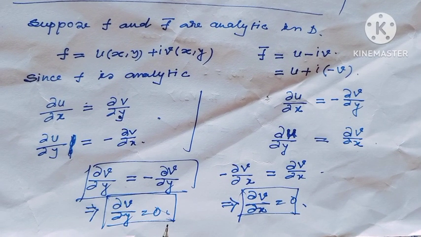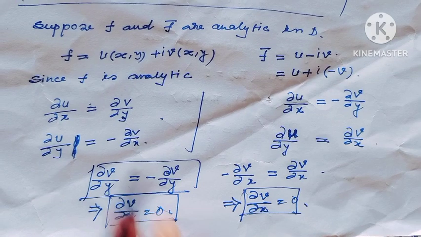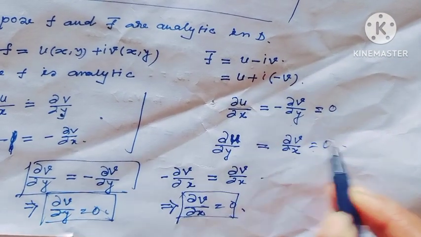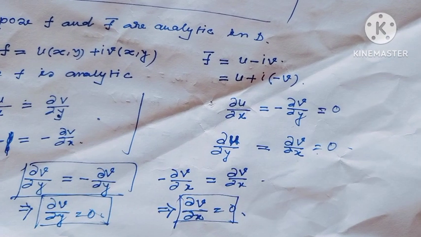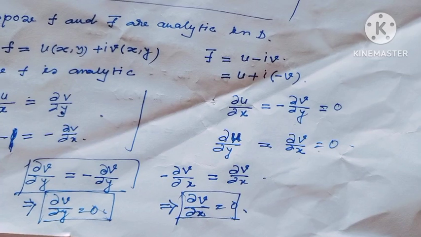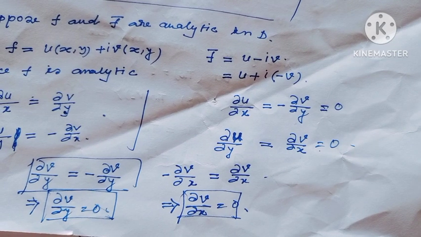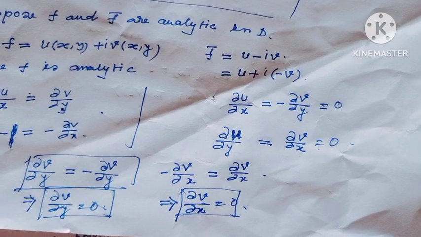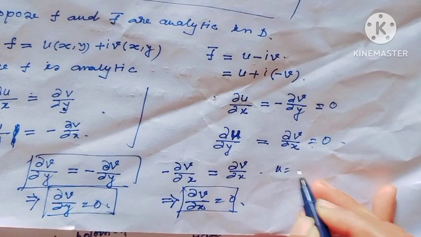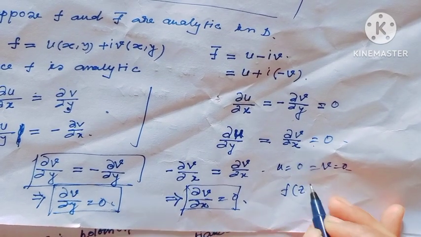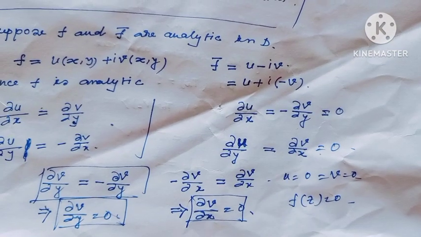Since del v del y equal to 0 and del v del x equal to 0, that means del u del x and del u del y both are equal to 0. Since del u del x, del u del y, del v del x, del v del y all equal 0, that means obviously f prime z equal to 0, which is a constant function.